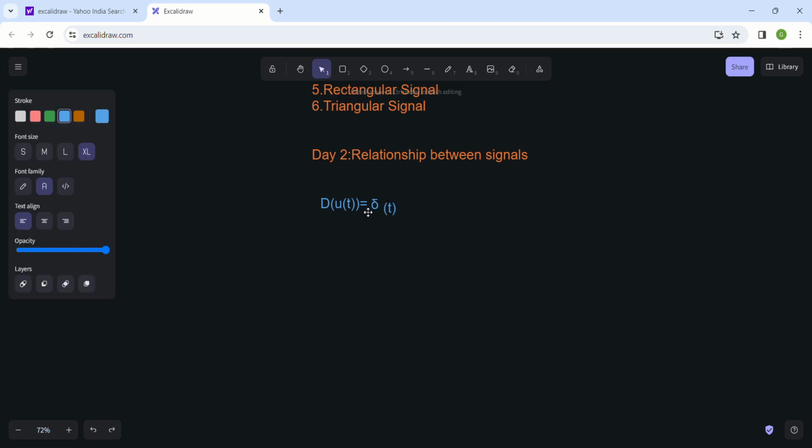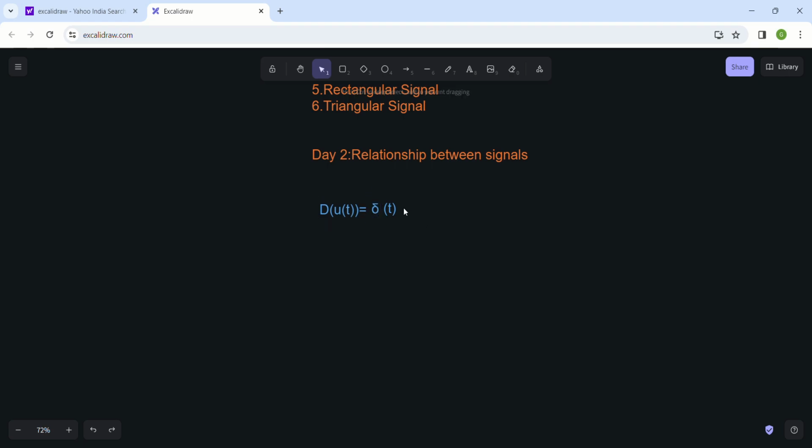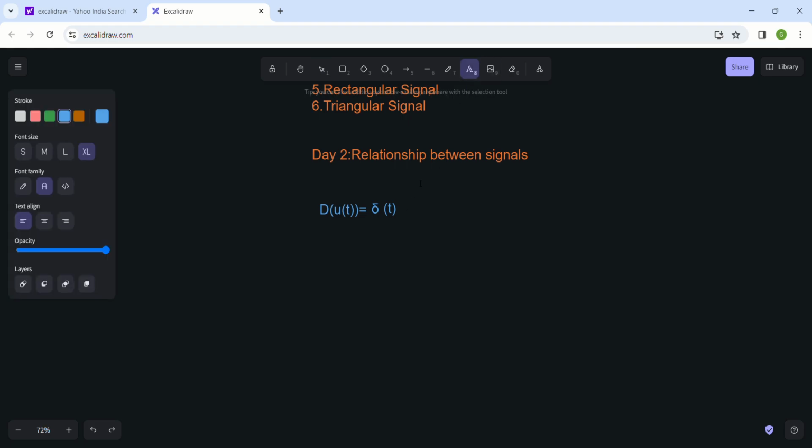Differentiation of unit step signal will give impulse signal. Now differentiation of ramp signal will give unit step signal.